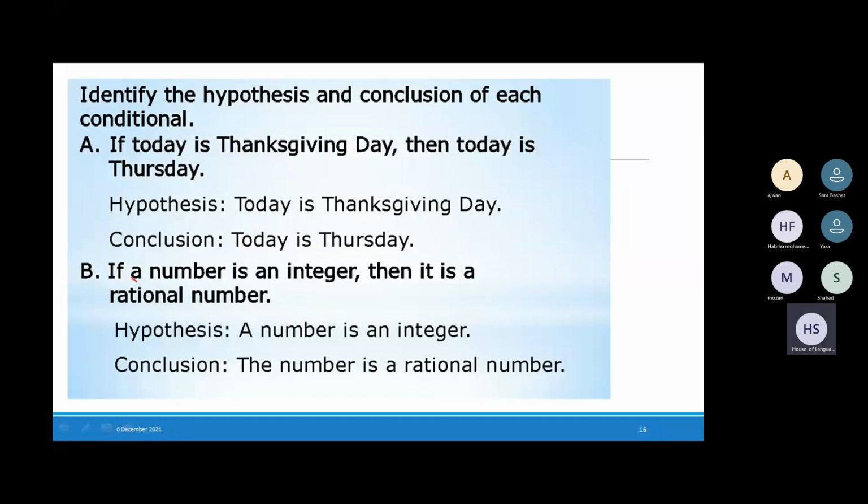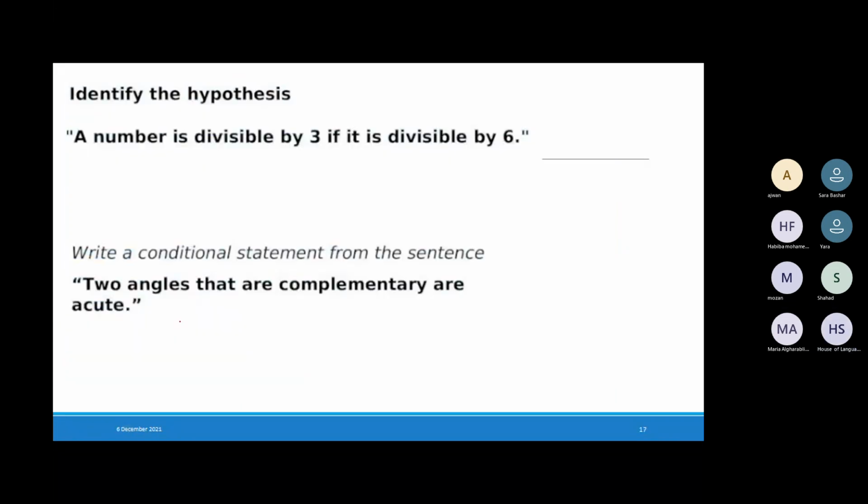And you must know what I mean by rational number; we talked about it in the first semester. Where's the conclusion? It is a rational number. Is it clear?